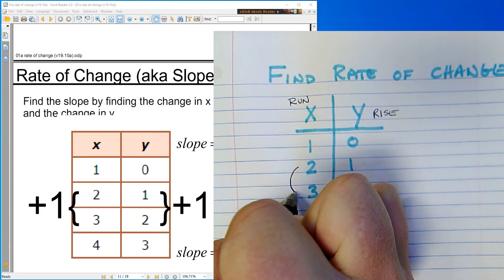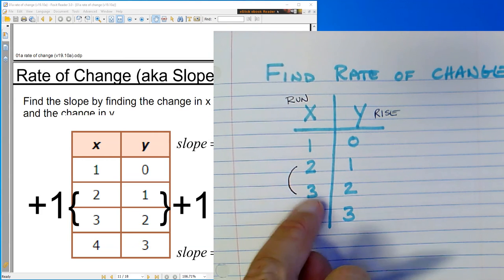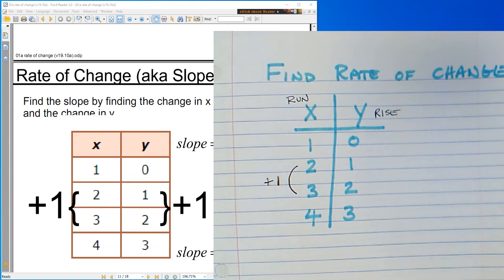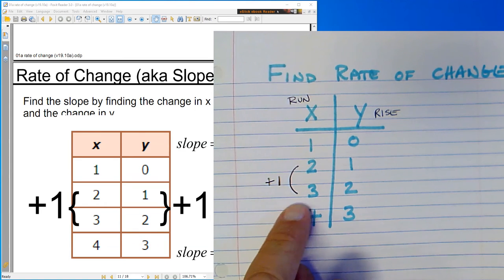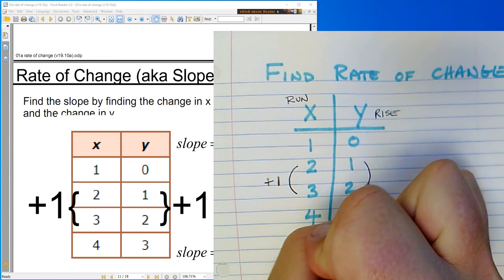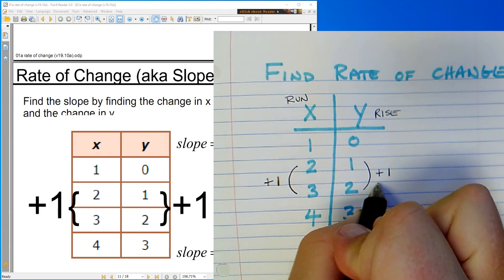Ready? So how did x change? It was at 2 and now it's at 3. It went up by 1. That's your run. How did y change? That's your rise.